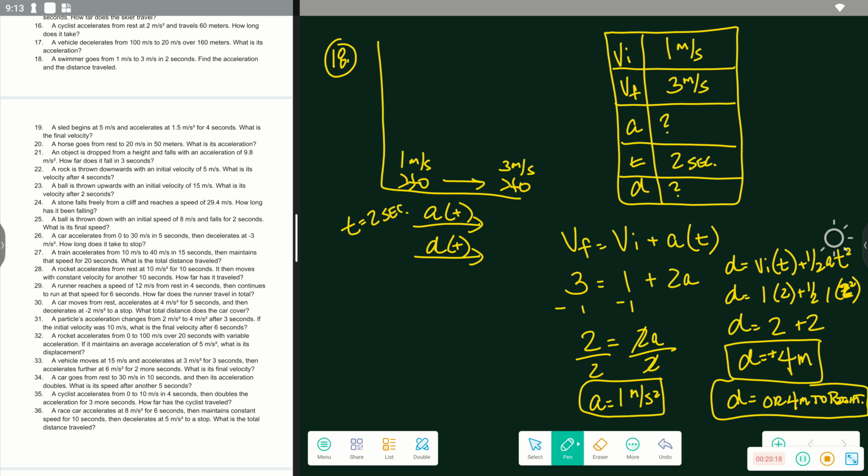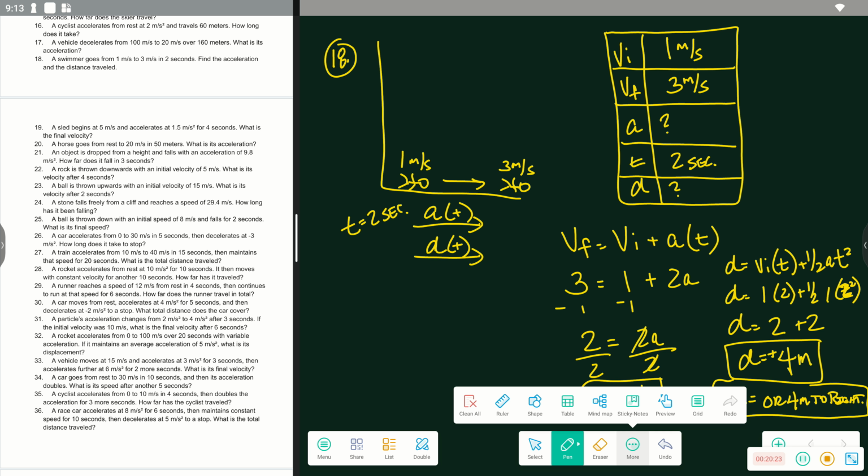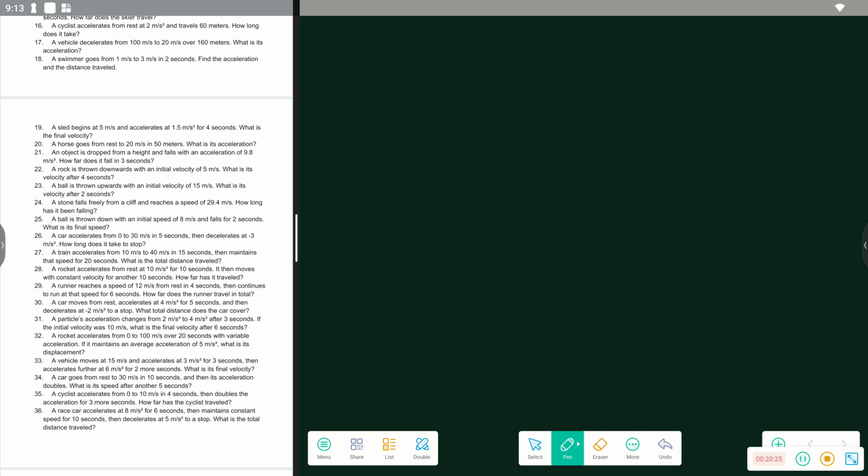Number 19. All right, let's go here, erase. Number 19: a sled begins at 5 meters per second and accelerates at 1.5 meters per second squared for 4 seconds. What is the final velocity?